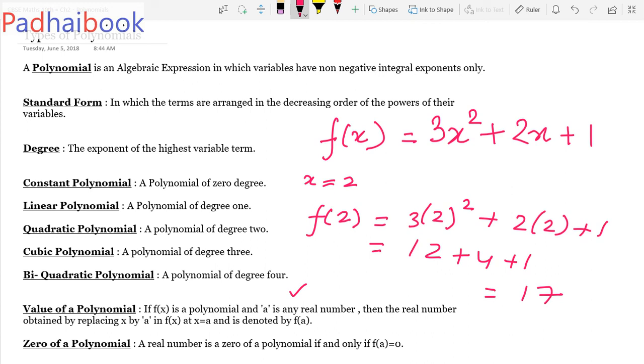That is the value of the polynomial. All right, the value of f of 2 is 17. It can be different for different values of x. We can find more values. It does not matter as long as you understand the value of a polynomial. It is the value of the polynomial at a particular point. All right.